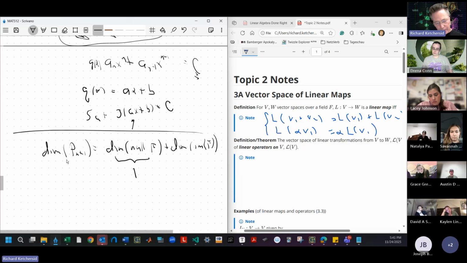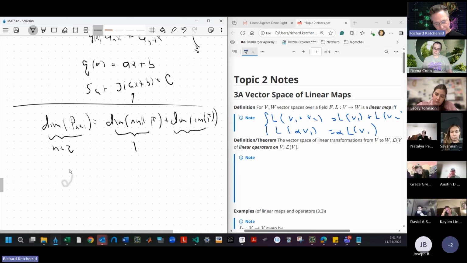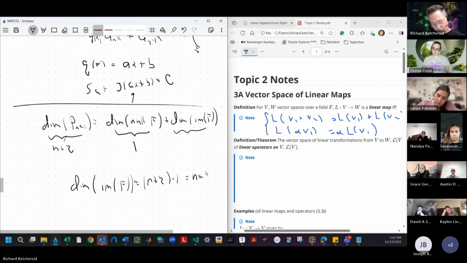The dimension of this was n plus 1. The dimension of this was n plus 2. Oh, sorry, we don't know the dimension of this. This is what we're trying to get. So what we get here is that the dimension of the image of F is equal to n plus 2 minus 1, right?